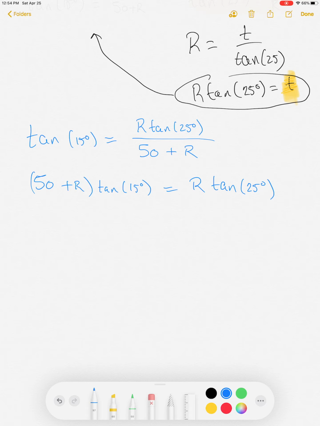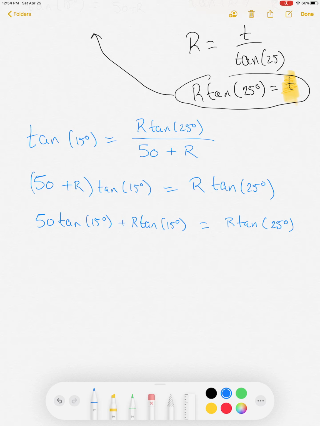So then I'm going to distribute. So I have 50 times the tangent of 15 degrees plus R times the tangent of 15 degrees, and that's equal to R times the tangent of 25 degrees.